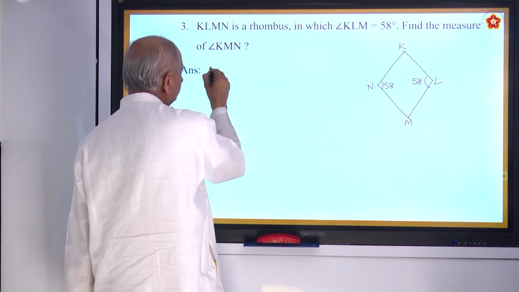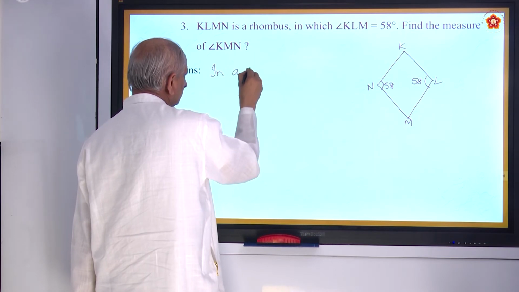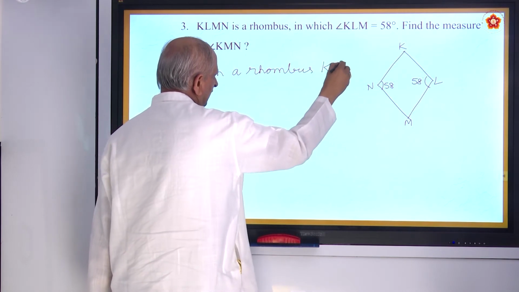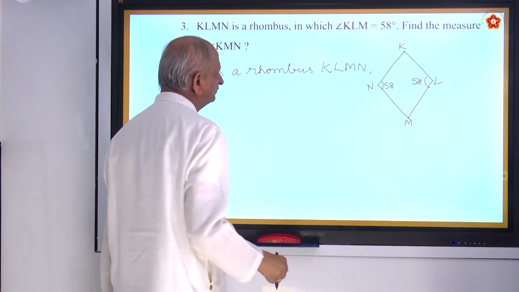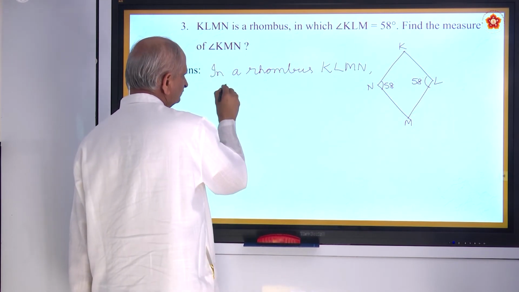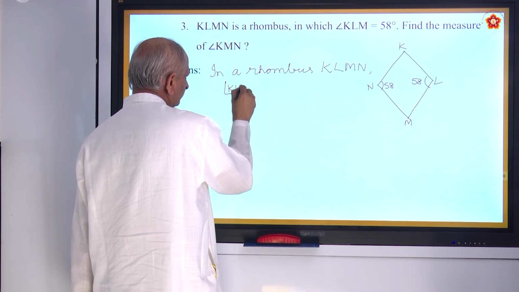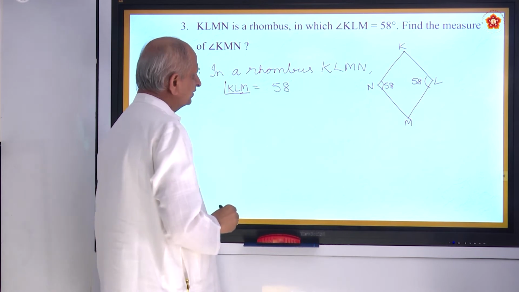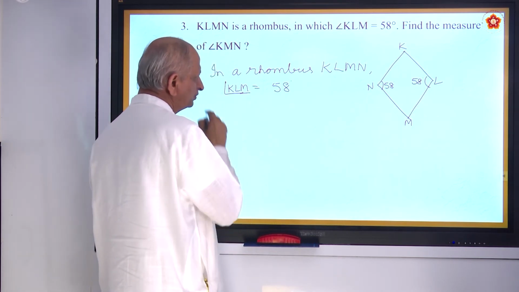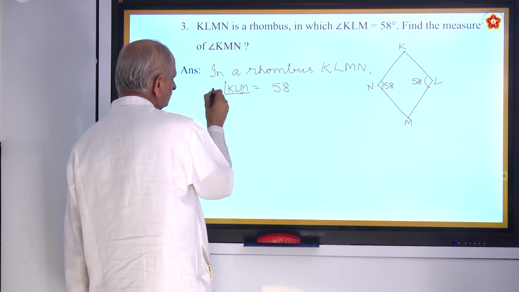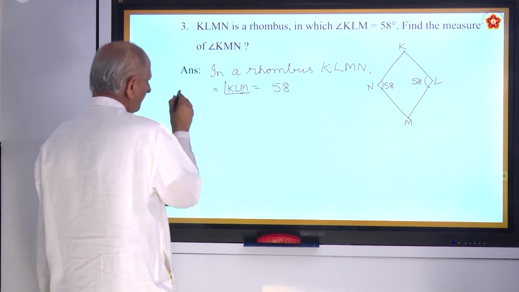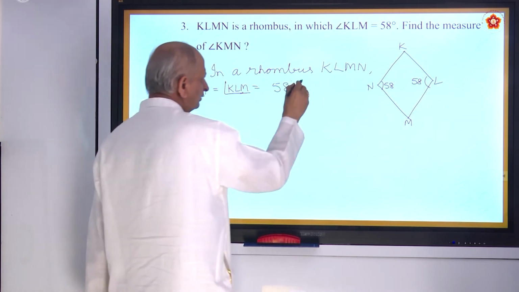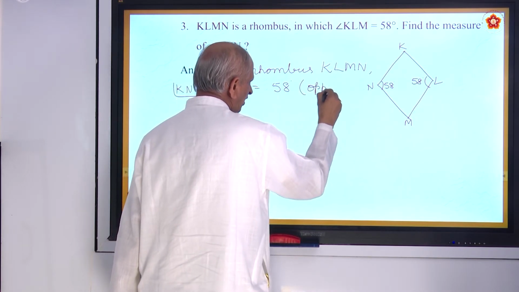So first you must write, in a rhombus KLMN, angle KLM is equal to 58 degrees. This KLM is also equal to KNM. Why are they equal? Opposite angles of a rhombus.